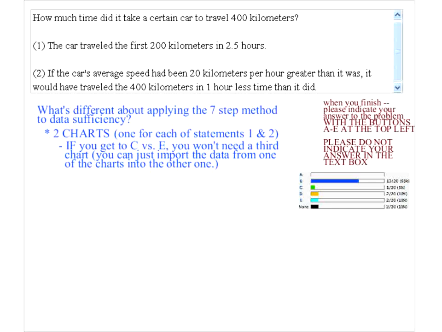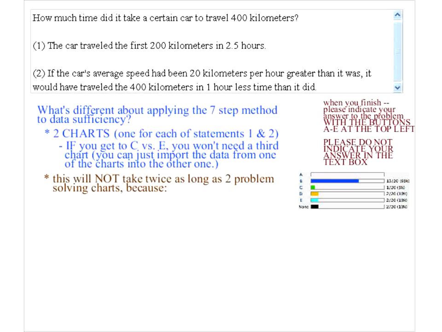Now, this might seem like it would take twice as long as making one chart. I totally understand why you would think that, because it's two charts. But remember, it won't take twice as long as a problem solving question. There are three reasons.